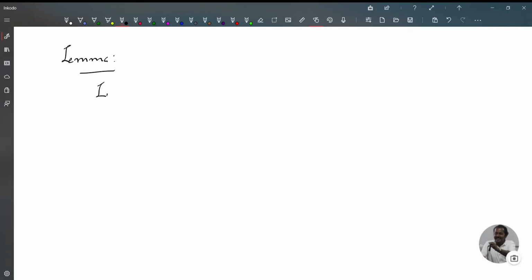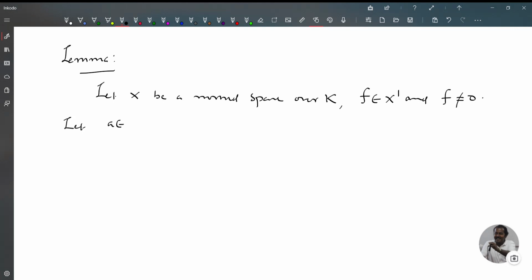Let X be a normed space over K. f belongs to X dual and f not equal to 0. Let a belong to X with f of a equal to 1, and r positive.